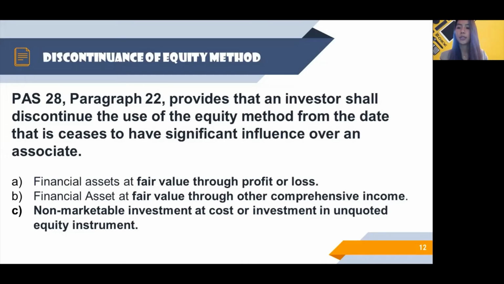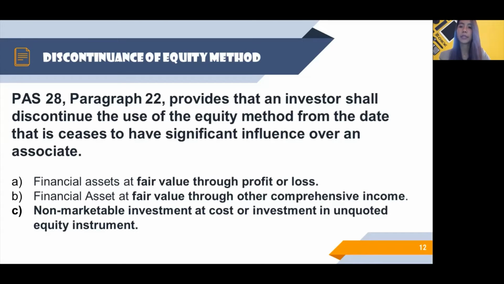And for the discontinuance of equity method, PAS 28, paragraph 22 provides that an investor shall discontinue the use of the equity method from the date that it ceases to have significant influence over an associate. So, tandaan natin na ginagamit ang equity method kapag meron tayong significant influence, and kapag nawala yon, i-discontinue na natin yung paggamit ng equity method.